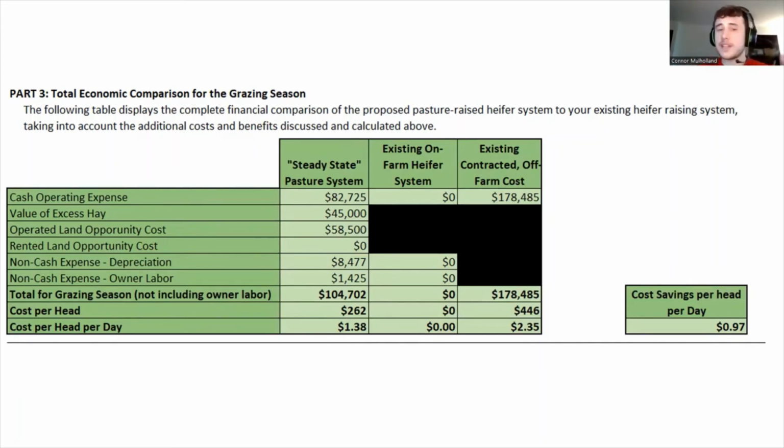We say steady state because we are assuming that the productivities and management costs we were talking about before, basically everything to do with the pasture, describe an already developed, well-managed pasture. Obviously, there's going to be a learning curve if a farmer has never done pasture before.